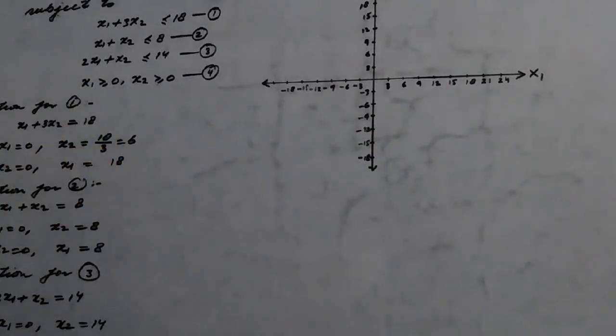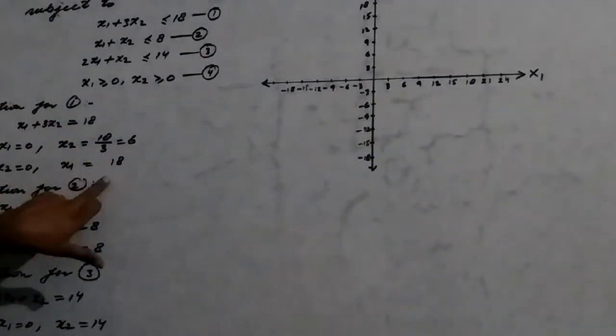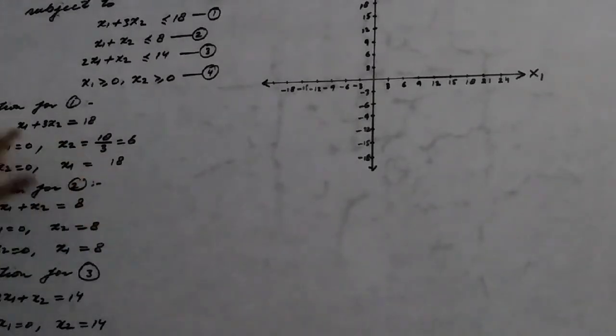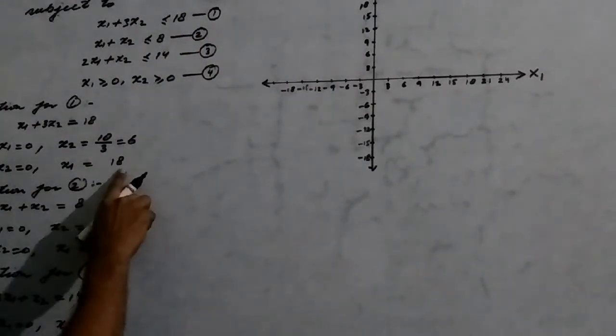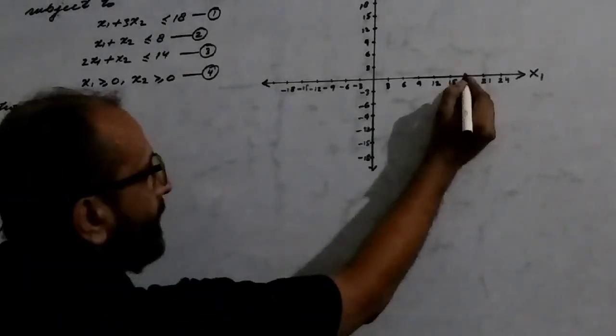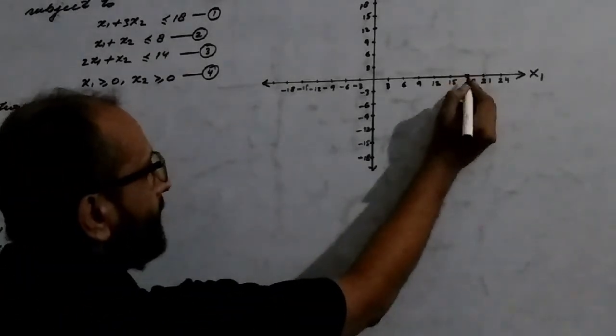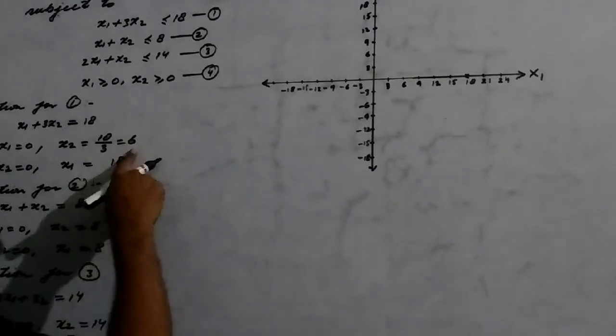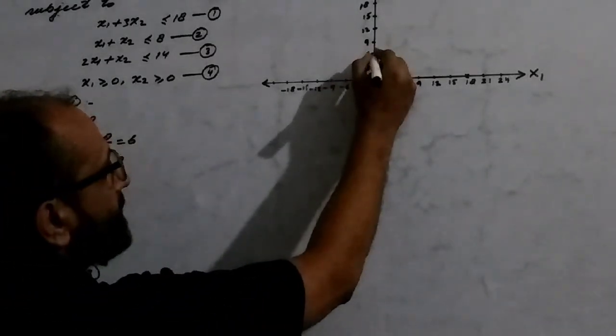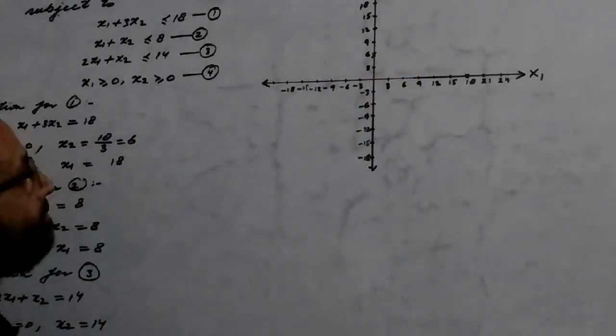So let us start. First we plot the values of x1 and x2 which we have obtained from the equation for constraint number 1. In this we have x1 as 18, so we mark 18 on the x1 axis, and x2 is equal to 6, so we mark 6 on the x2 axis.